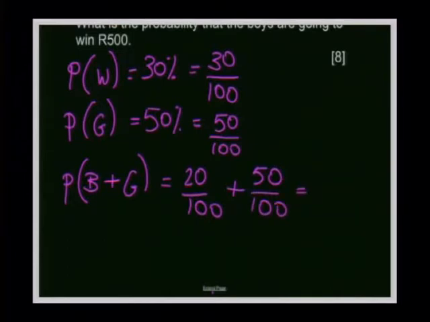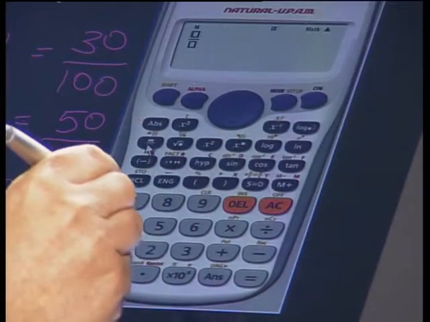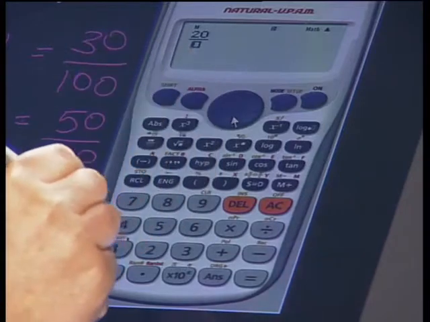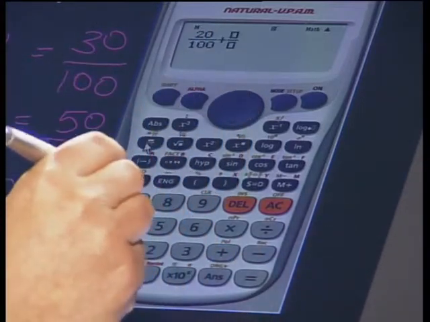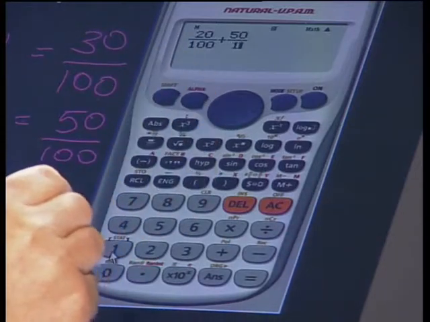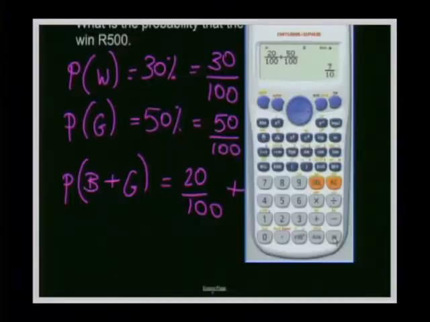So my total for this is I can add them up, and I can use my calculator to do that if you need. So it was 20 out of 100, or 50 out of 100, and that's 70 out of 100.